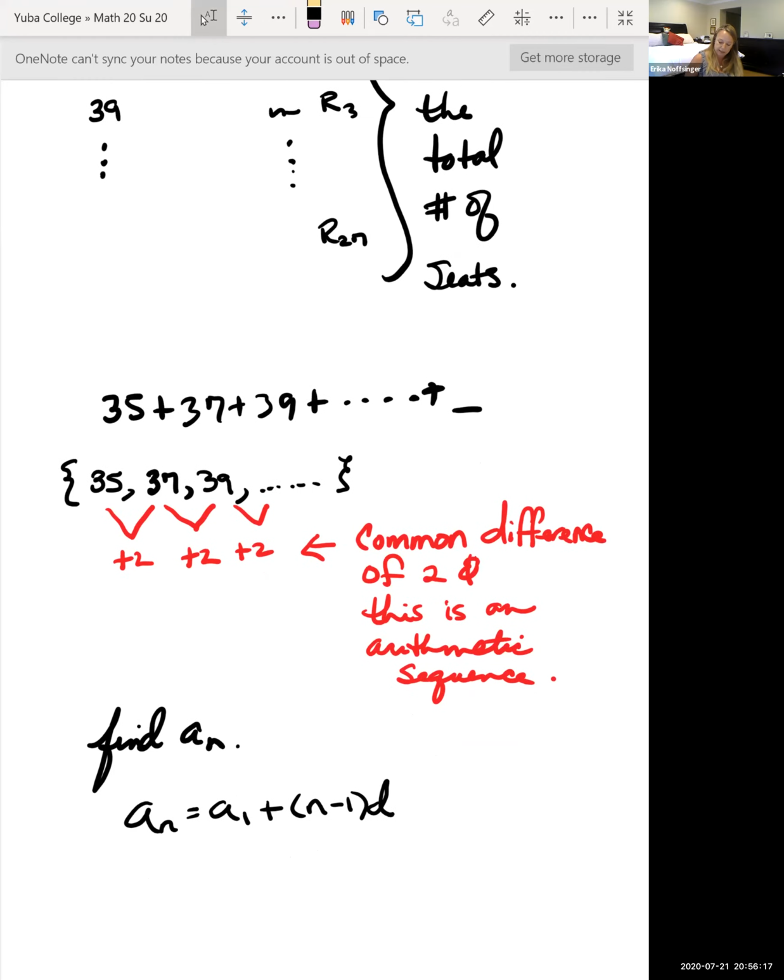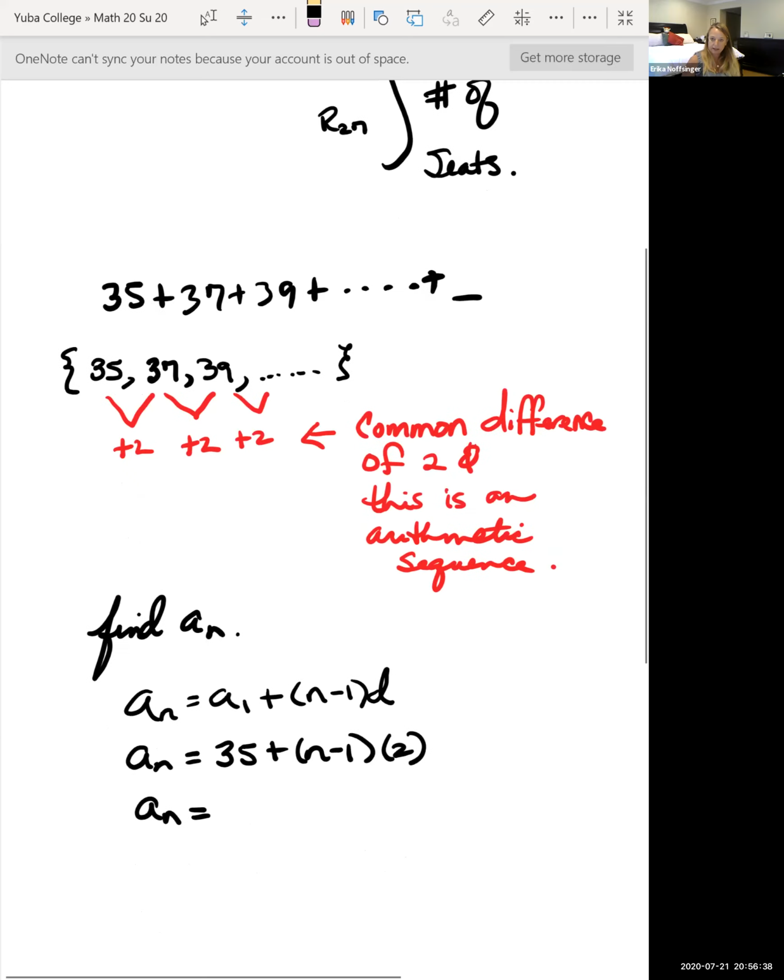So a sub n is equal to our first term. Well, if you look at the sequence, we know our first row was 35 seats, plus n minus 1 times d. Well, that common difference, we're adding 2 seats per row, so times 2. So a sub n, we can leave it like this or simplify it.